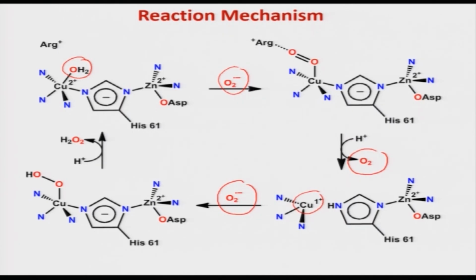Number 2 is an open or exchangeable coordination position at the metal ion if an inner sphere electron transfer mechanism is involved. Third is rapid protonation of the peroxide anion, and fourth is an appropriate thermodynamic driving force.